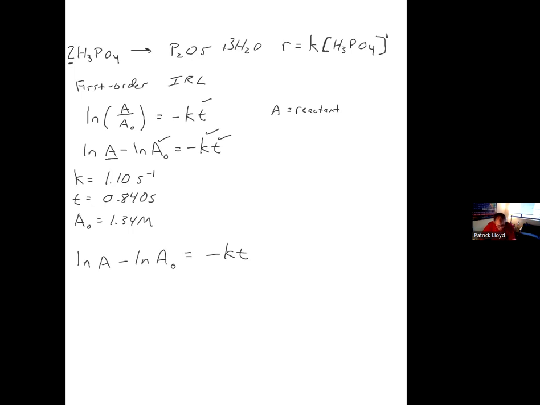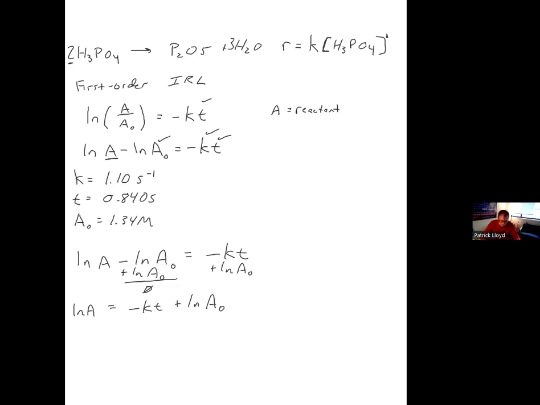So now if we want to find A, let's add ln A0 to both sides. And so that becomes 0, right? So now you just have ln A equals minus KT plus ln A0. Again, if you want to write in H3PO4 with the brackets, that's perfectly fine.